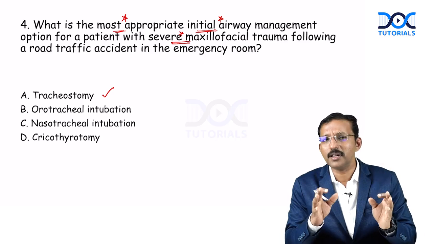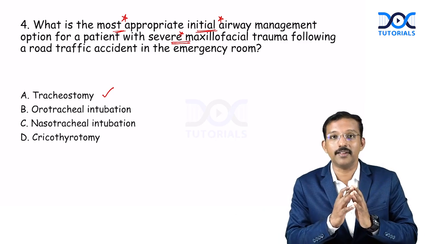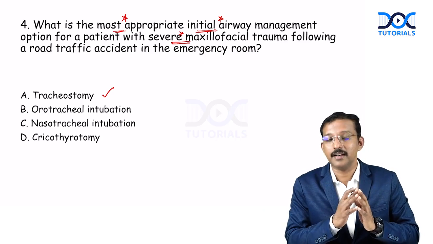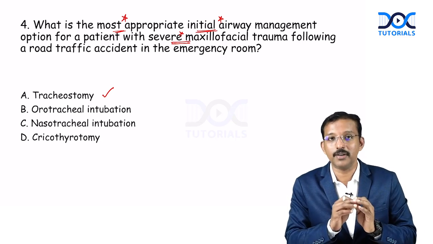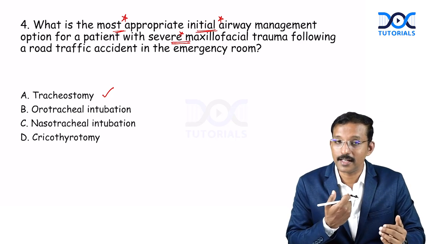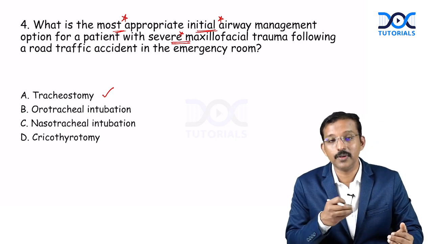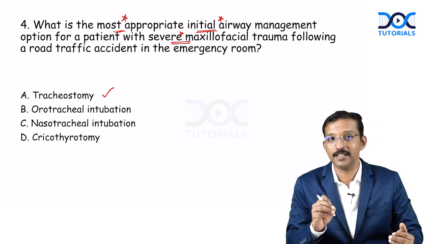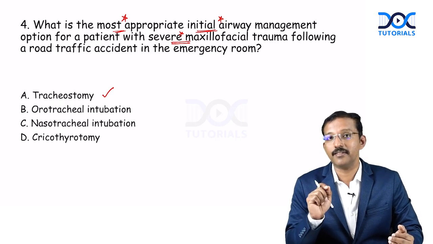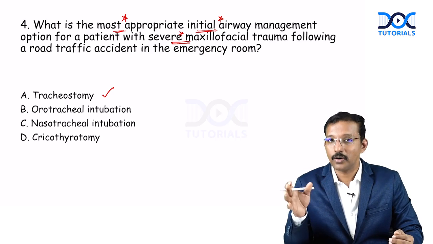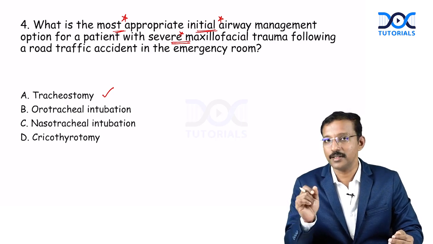So my primary goal is to protect his airway and to maintain the oxygenation, and tracheostomy is the best method among these, because you can do it as a surgical tracheostomy or by using a rhino. It can be done as an emergency procedure. Number one, it is a definitive airway, and third, this is very often done in the emergency room.